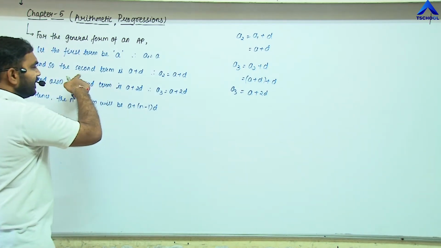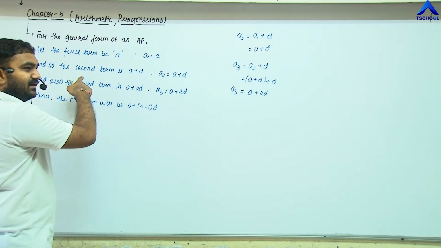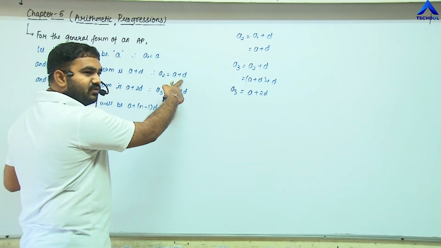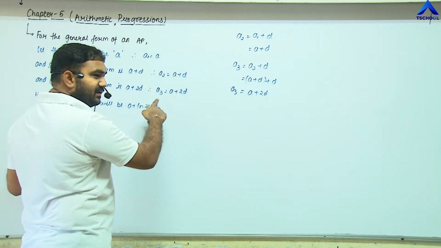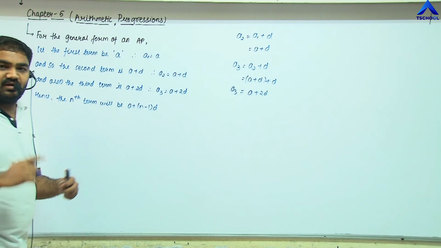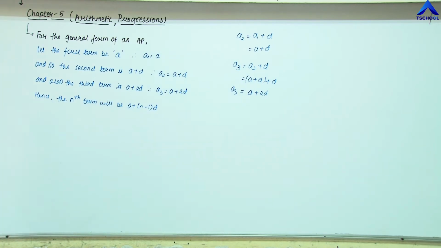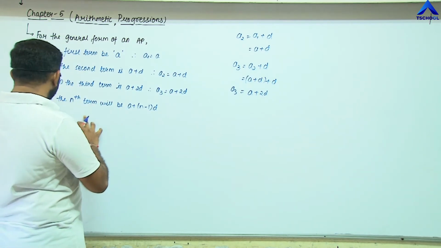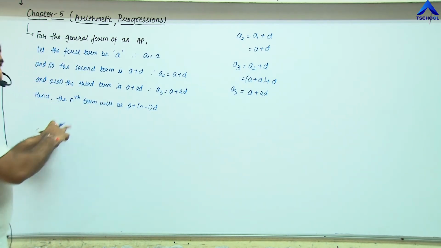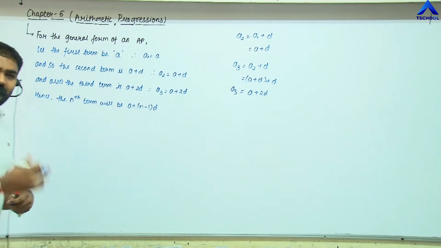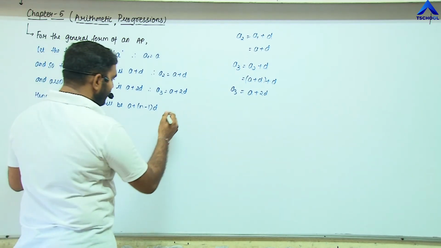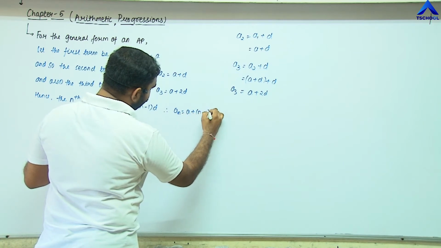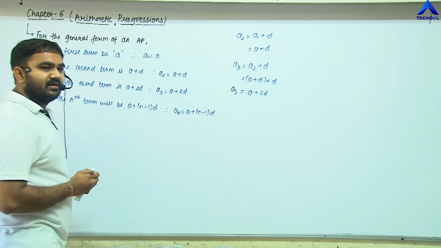If you are finding out the second term, then 1 less than the second, that means 1, that will be A plus D. So if it is A2, then here it would be only 1D. Here it is A3, that would be 2D. That means the difference is always 1 less than the number. This is the similarity, how it goes. So for the nth term, 1 less than that would be n minus 1, so n minus 1 D. Hence you can write an equals to A plus n minus 1 D, right?